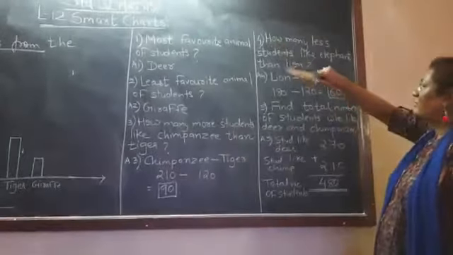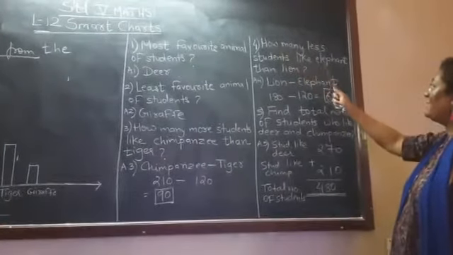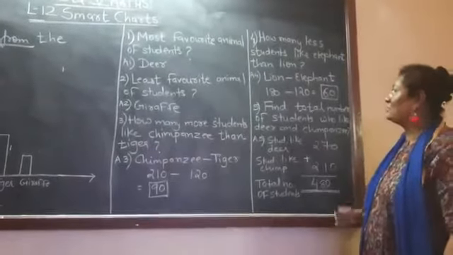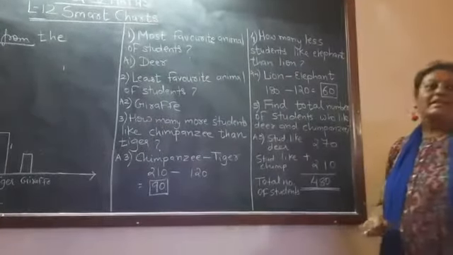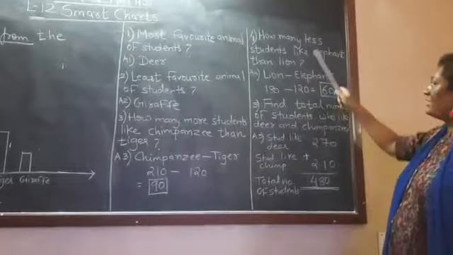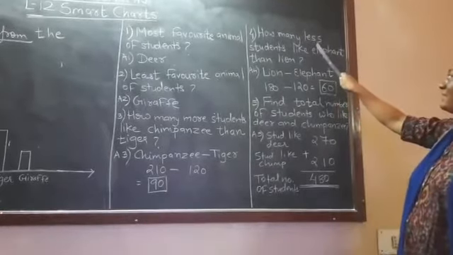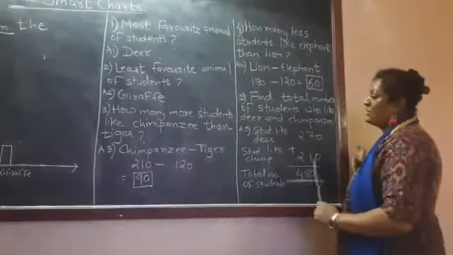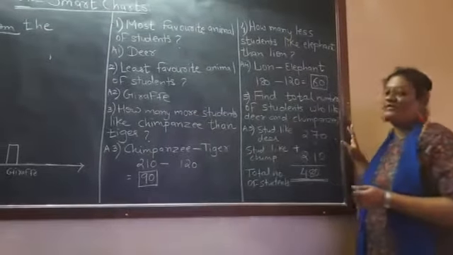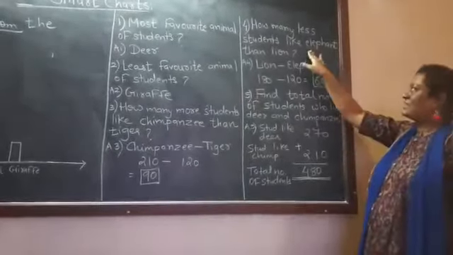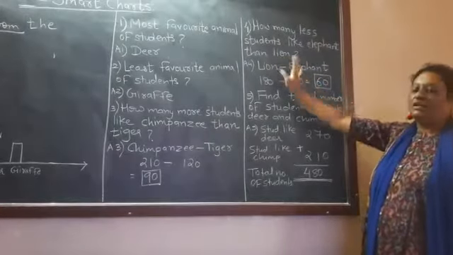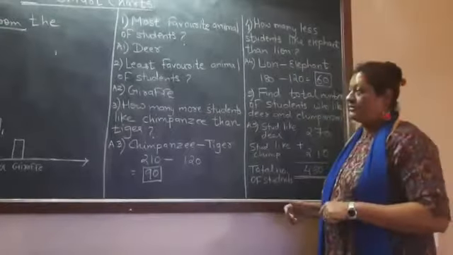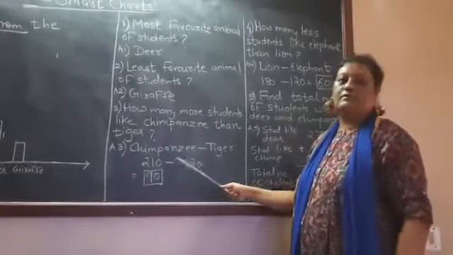Now moving on to question number 4. How many fewer students like elephants than lion? Again we have a comparison between two animals, elephants and lion. In subtraction, remember the number which is bigger we have to write first.